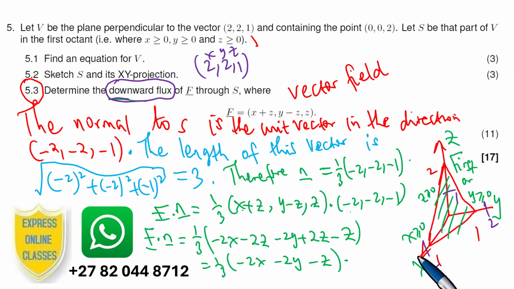And therefore, you would do this. X is 2, you do this. Y is 2, you do this. So this point in the xy plane is going to become what?